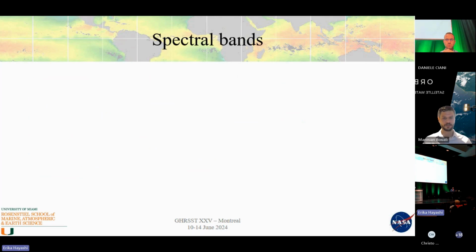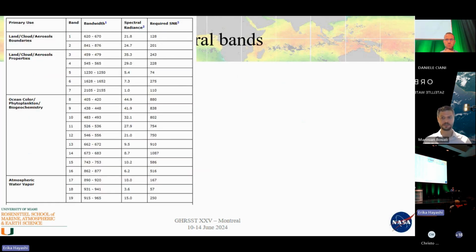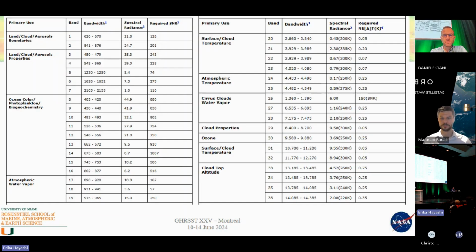And here is a list of the visible spectral bands and the infrared spectral bands. What is important for this group is that there was the traditional split window bands at 11 and 12 microns.